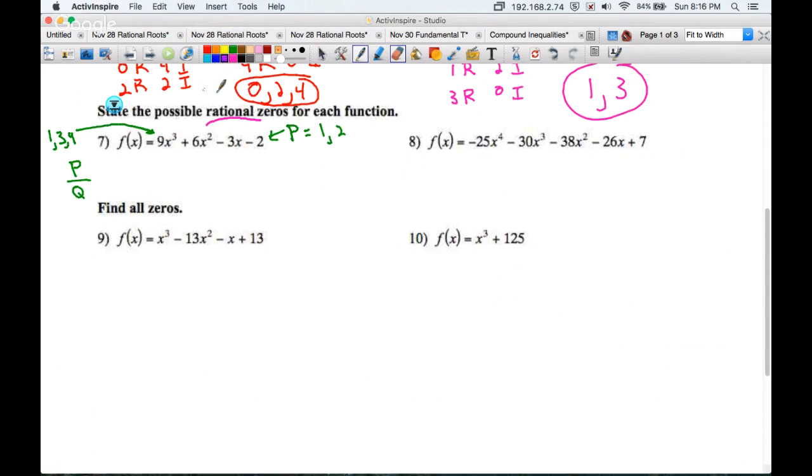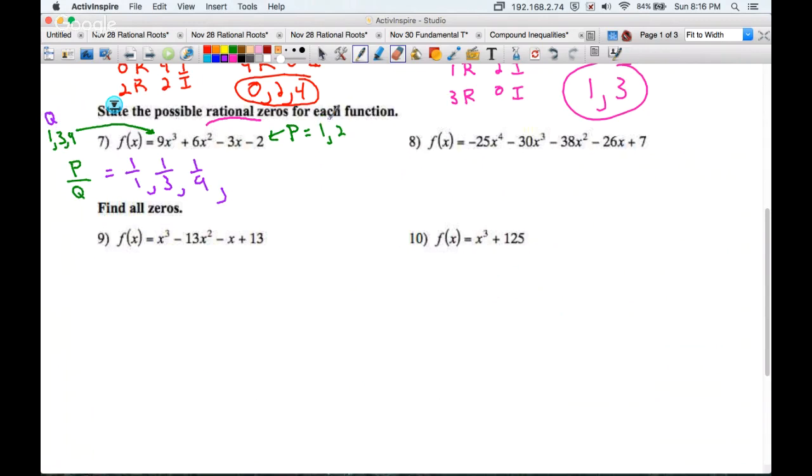Now let's make all the fractions possible with elements from p divided by elements from q, and we'll get 1 over 1, 1 over 3, 1 over 9, so that's the first element of p divided by every single one of these.